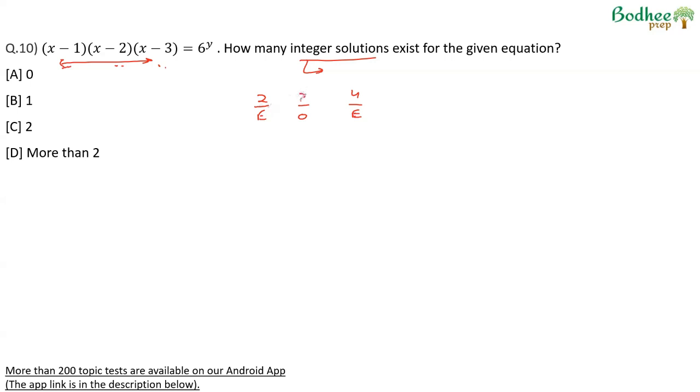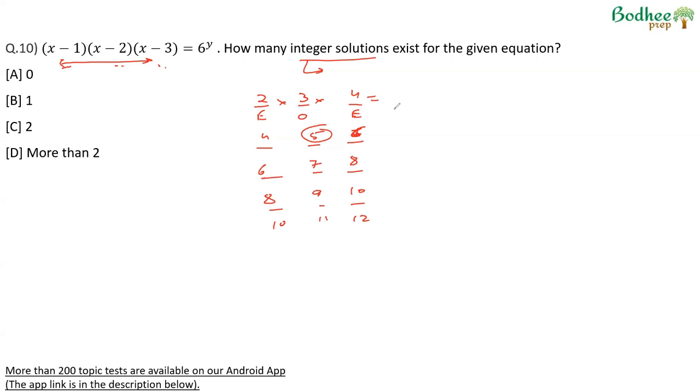For example, 2, 3, 4, then 4, 5, 6, then 6, 7, 8, 8, 9, 10, 10, 11, 12. As we can see, in every case, if we multiply, here 2 into 3 into 4 will become 24.